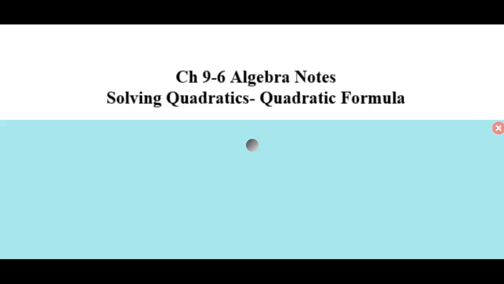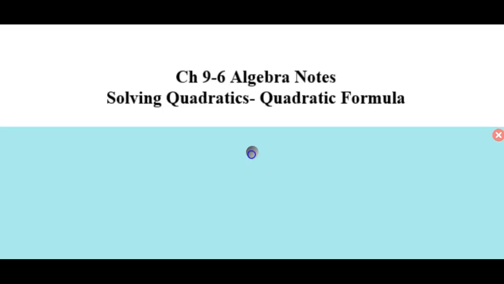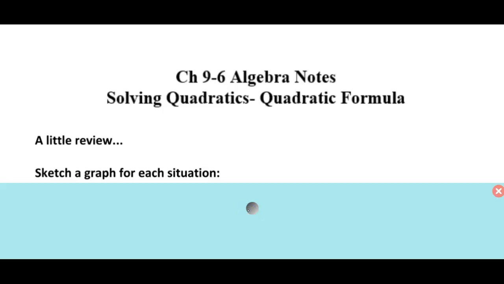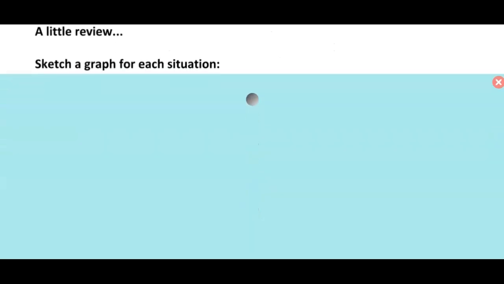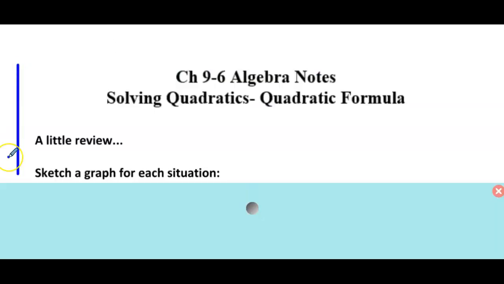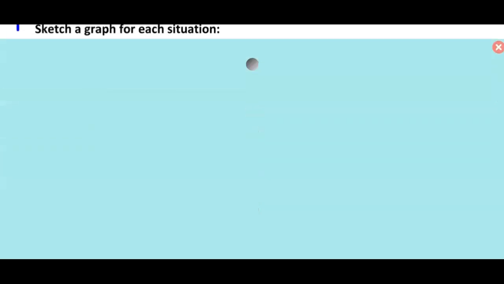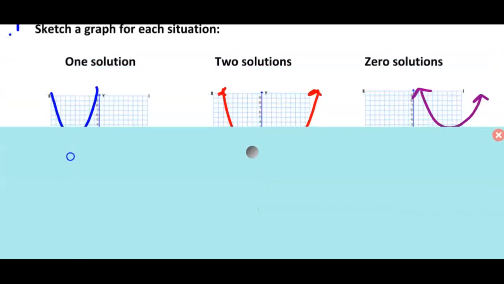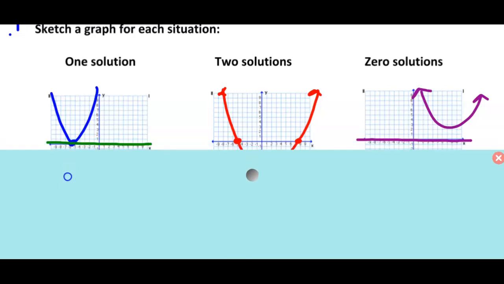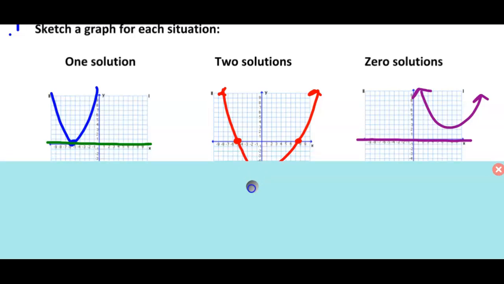We know that when we're looking at a graph, let's just sketch a graph here. For one solution, my graph hits the x-axis. For two solutions, my graph hits the x-axis twice.